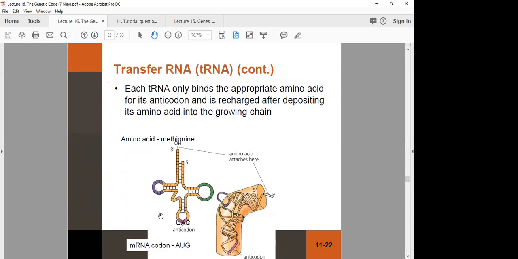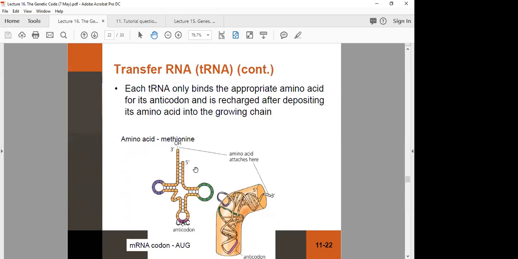Let's look at the anticodon again down here. So this anticodon reads UAC. Let's now look at a codon that you would find in the messenger RNA molecule. Here it is, AUG. If you look up AUG in that table called the genetic code, you will find that this actually encodes the amino acid called methionine.